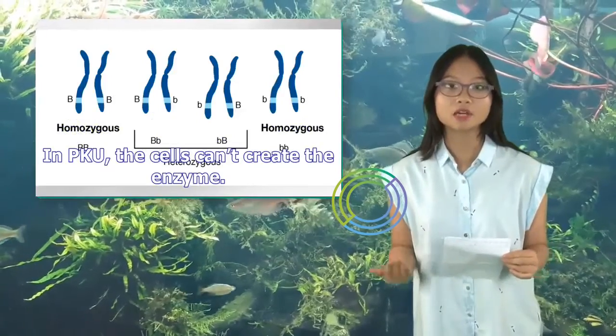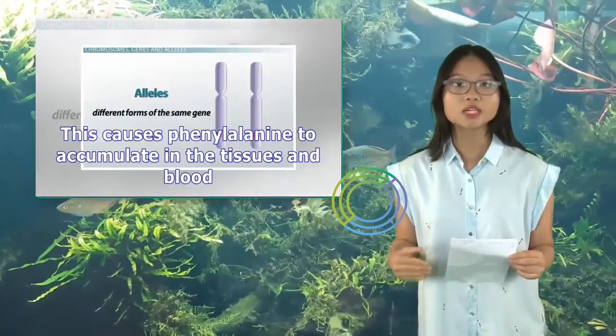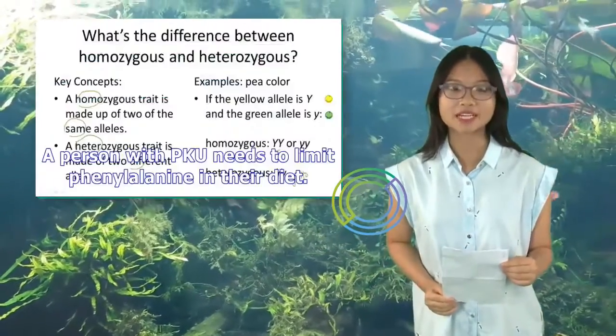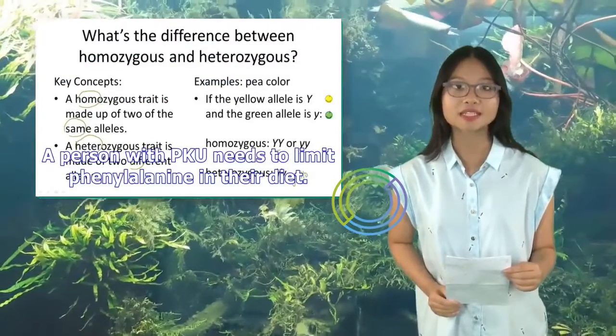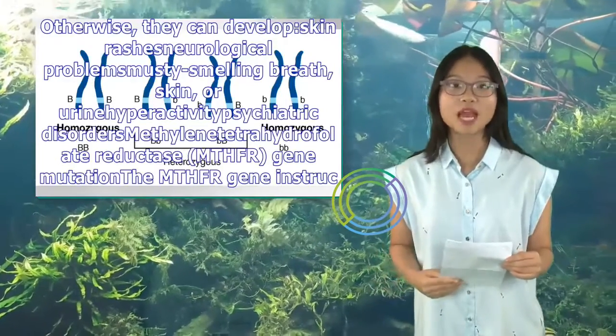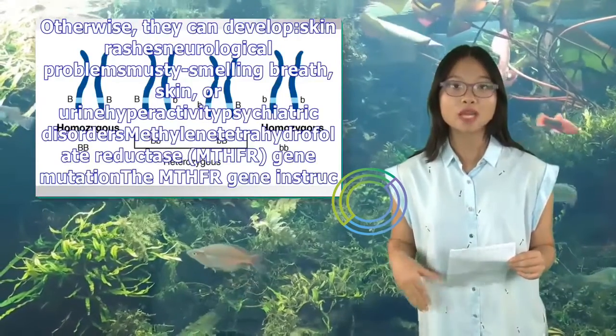In PKU, the cells can't create the enzyme. This causes phenylalanine to accumulate in the tissues and blood. A person with PKU needs to limit phenylalanine in their diet. Otherwise, they can develop skin rashes, neurological problems, musty smelling breath, skin, or urine, hyperactivity, psychiatric disorders.